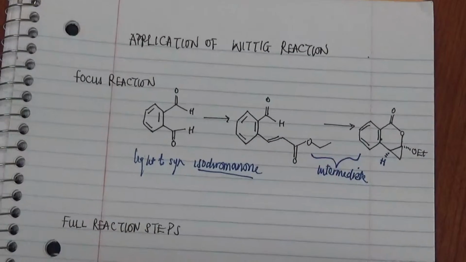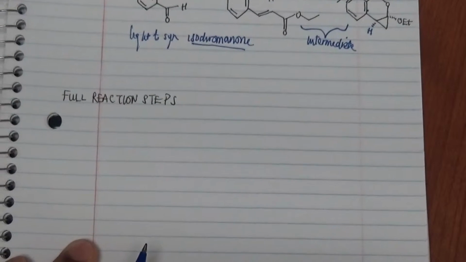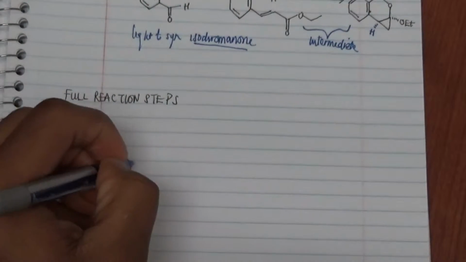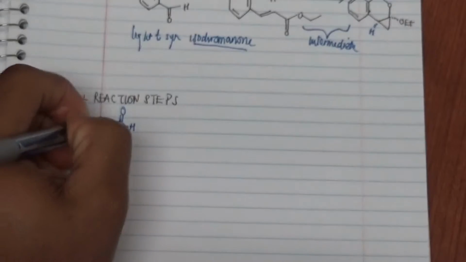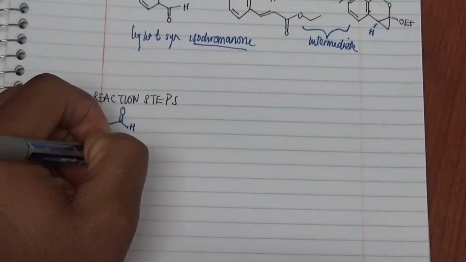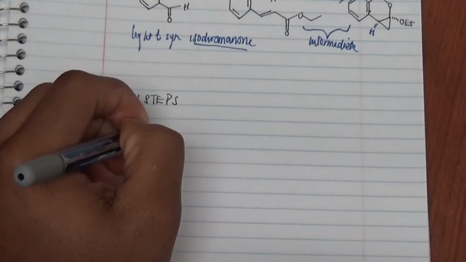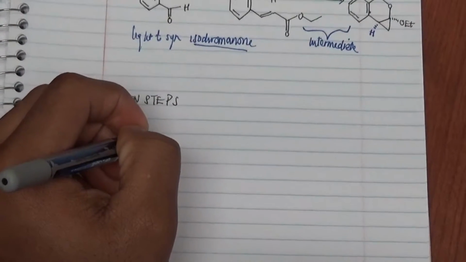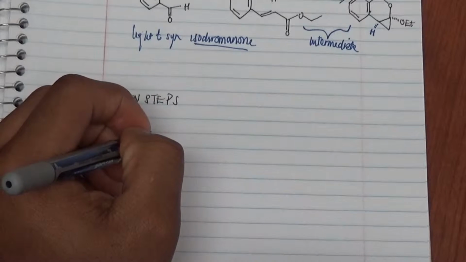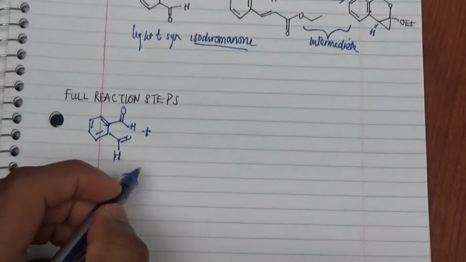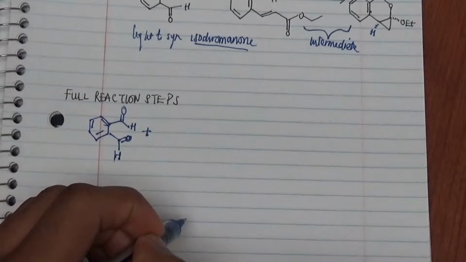So let's look at this full reaction step. Our full reaction involves this particular reactant, and what happens next is that we need to react this with carbethoxymethylene triphenylphosphorane. I know that's a really long name, so I'm going to give you a shorter name by giving you the structure of it.